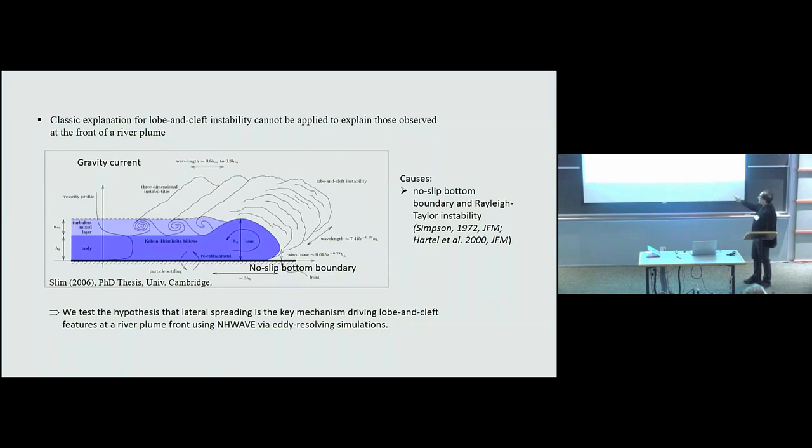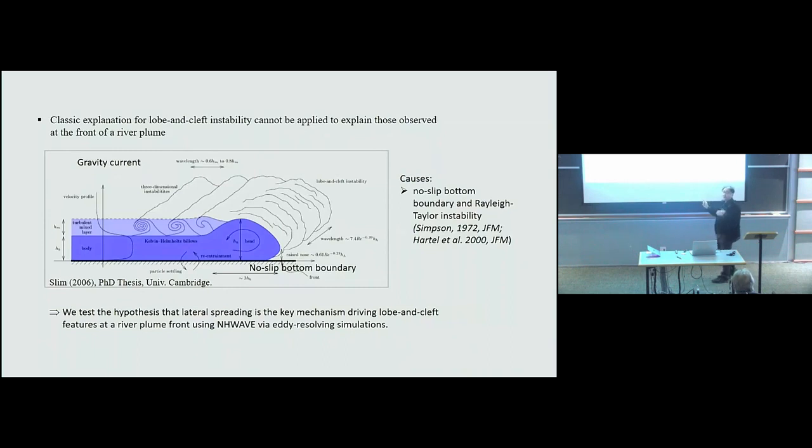The classic theory, based on Simpson and I believe Härtel, work that also involved Ã–zgökmen, with DNS shows very clearly that for a density current on a no-slip boundary you have the arrested nose. This allows the less dense fluid to get entrained underneath, and then locally you can trigger the Rayleigh-Taylor instability. That's the cause of the lobe and cleft instability.